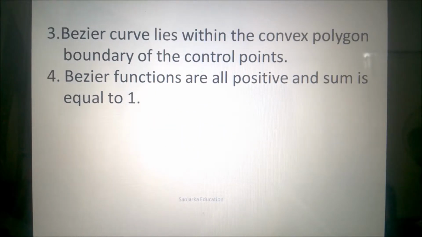And third property is that the Bezier curve lies within the convex polygon boundary of the control points. And the fourth one, as I already said, requires understanding the Bezier equation, and that I'll discuss. But as a property, I can say that Bezier functions are all positive, and the sum of them is equal to 1.